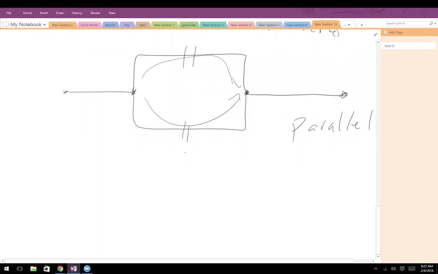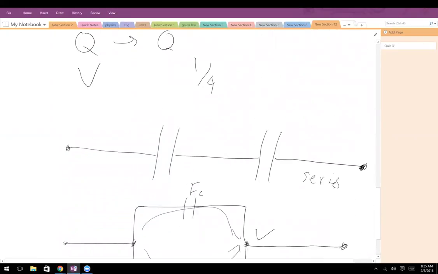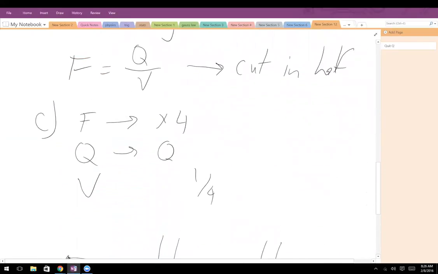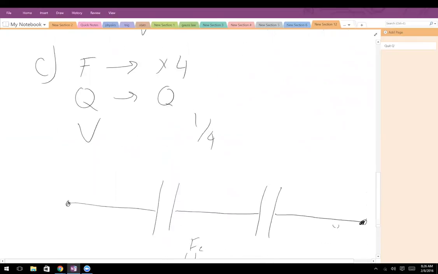So let's say I put capacitance F1 on one of them, and F2 for the other one. Well, the potential difference is the same either way, so let me just call it V. If I go back up here, F is Q over V. So if I want to find the charge on each one, Q would be V times F, right?